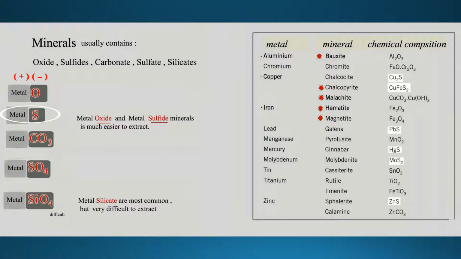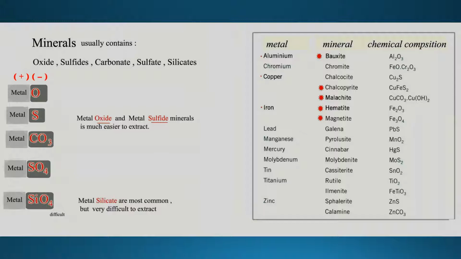The next one, magnesium metal with sulfide, another common mineral. The next two, metal carbonate and metal sulfate, are less common. Okay, hope students still remember this: oxide, sulfide, carbonate, sulfate, and the valency.